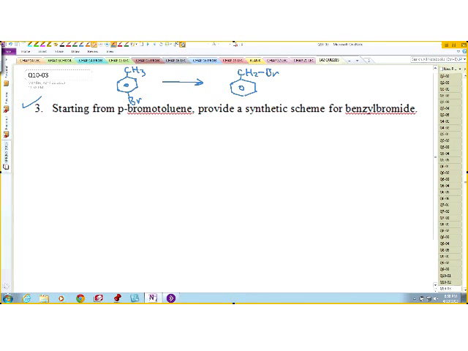Okay, now take a look at this, almost like the reverse of what we did before. If we assume that this carbon here will be this carbon, that would be easy. We could very easily convert the methyl to the methylene bromide right here. But now we have to lose the bromine down the road.